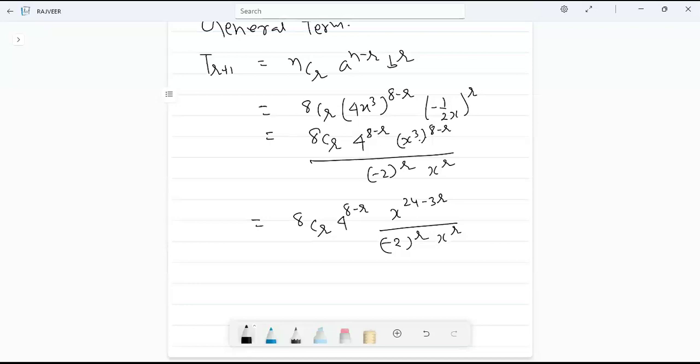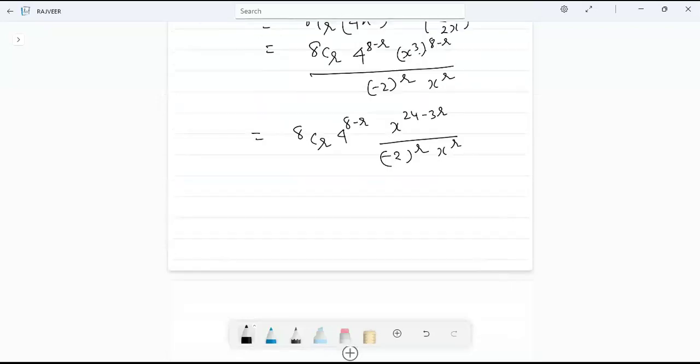The logic that we discussed is that the power of x should be the same, so that they can be cancelled out. That means we have 24 minus 3r.